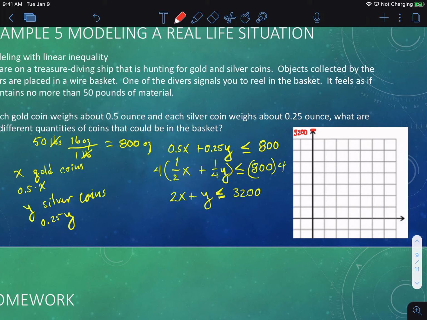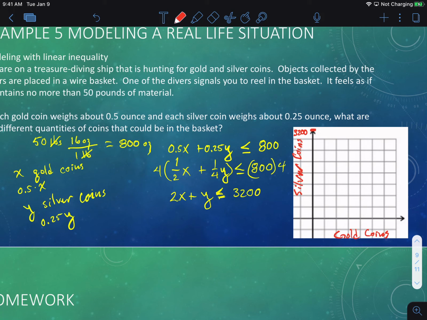And that means that the y-axis is focusing on silver coins, so we're just going to say silver coins. And we're going to mark the x-axis as gold coins.